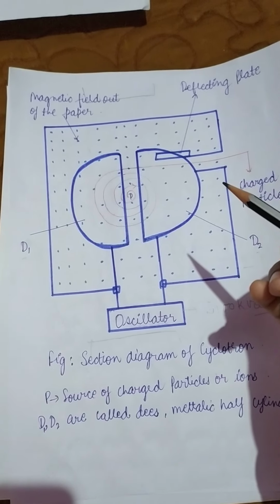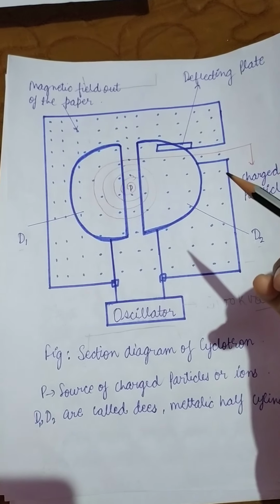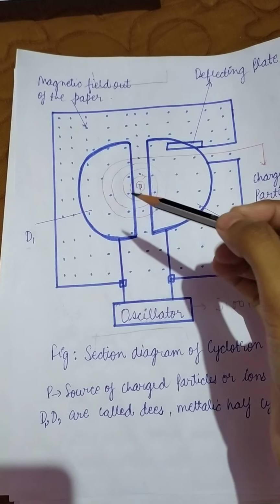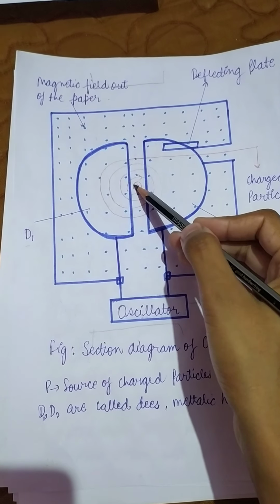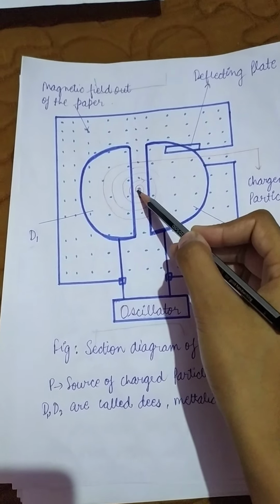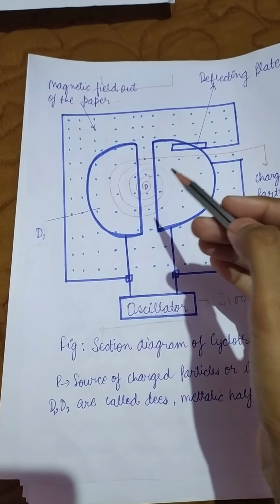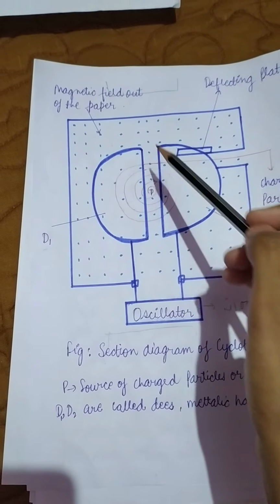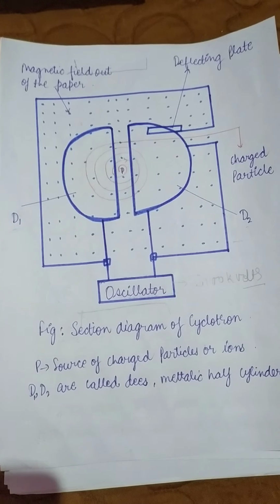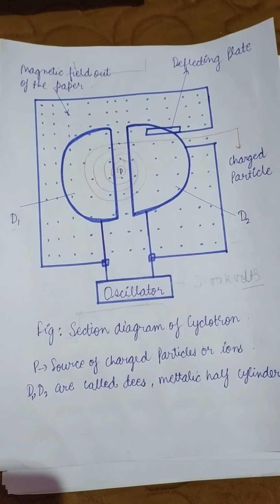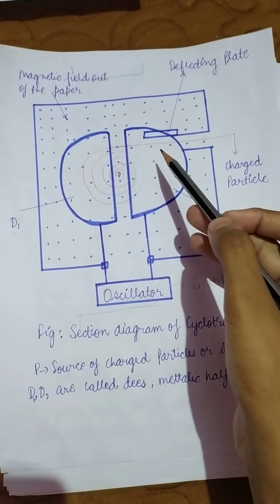Then the beam of charged particles which is to be accelerated is injected in between the two D's, at the center, in the plane perpendicular to the magnetic field. Charged particles are then pulled out of these D's by using this deflecting plate.